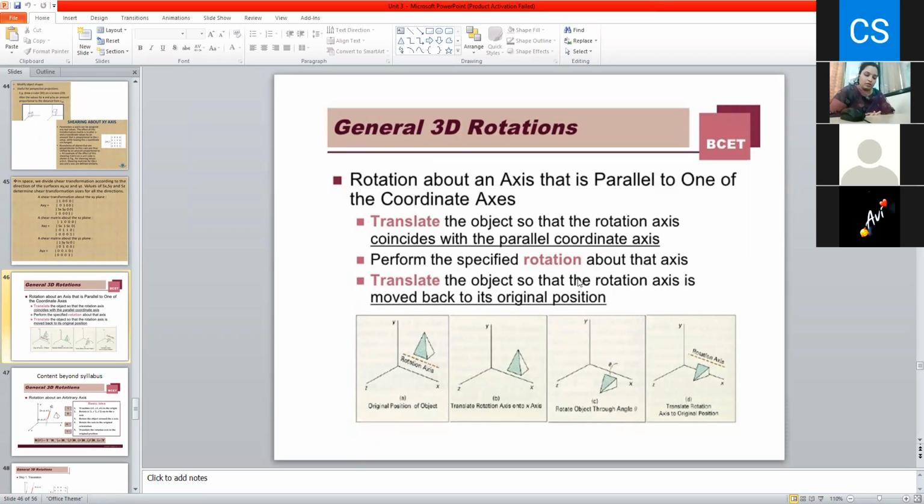But later we were able to rotate the object about any arbitrary point in 2D space. The procedure was that you shift that point to coincide with the origin, then carry out the rotation, and translate that point back to its original position. So these are the 3 steps for the general rotation of 2-dimensional objects.